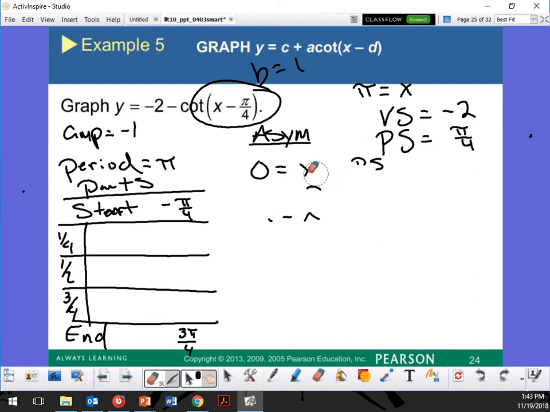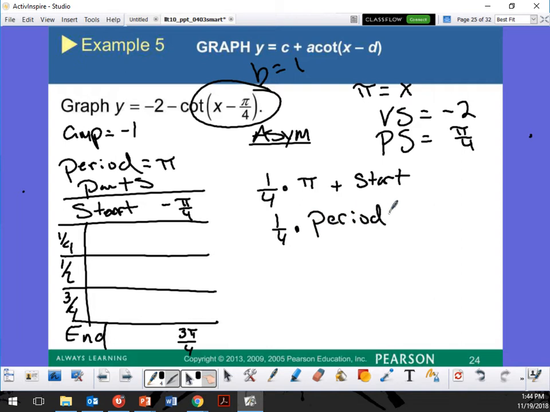When we did this last time, it's going to be 1/4 times the period, plus the start.